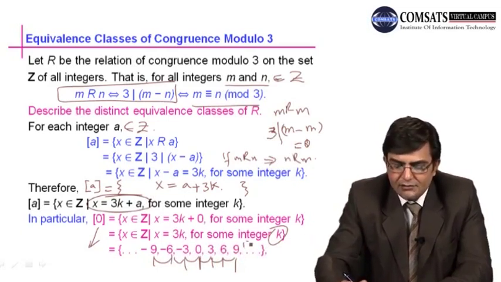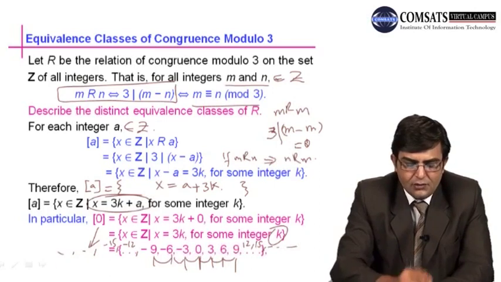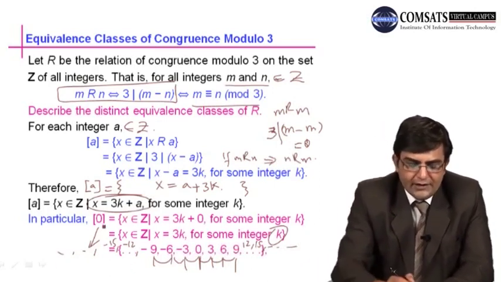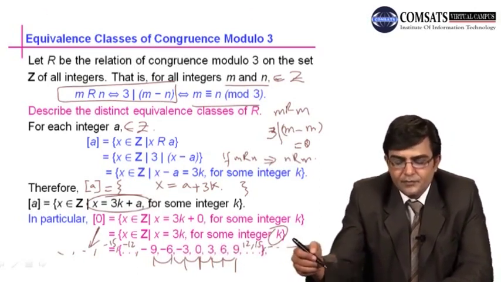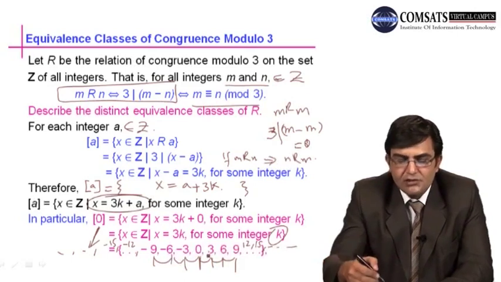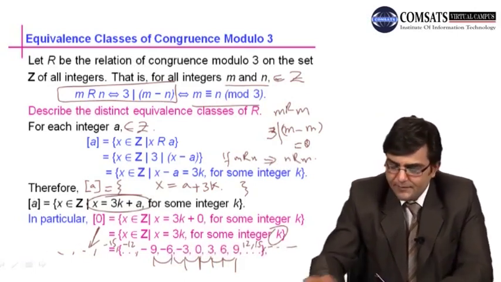The next term will be 12 and then 15. Here we get minus 3, minus 6, minus 9, minus 12, minus 15 and so on. So we write the integer for which we calculate the equivalence class, add 3 on the right hand side and subtract 3 on the left hand side to get the successive terms.